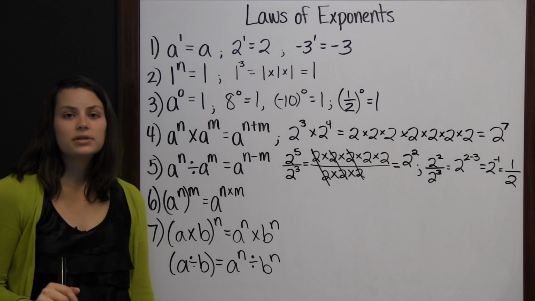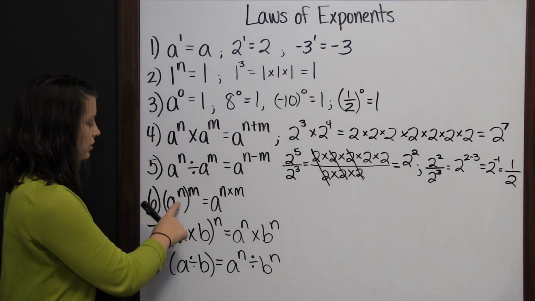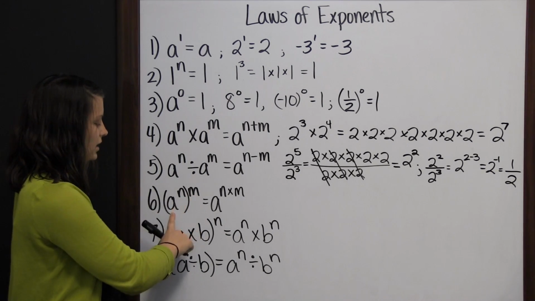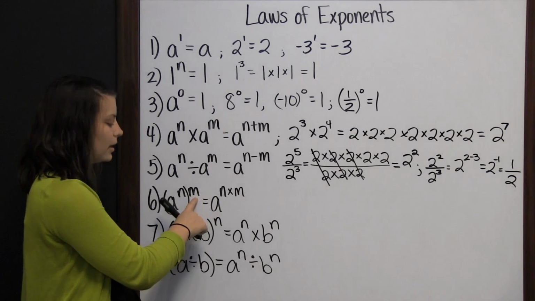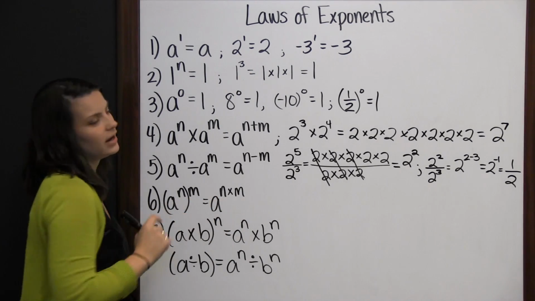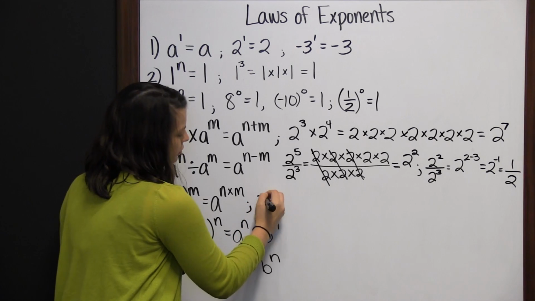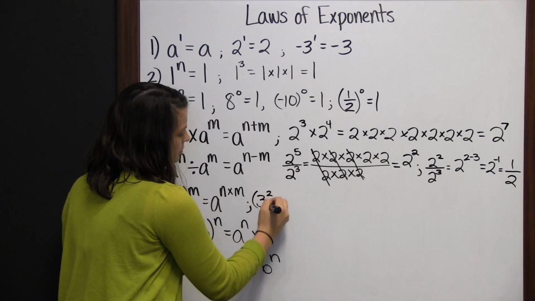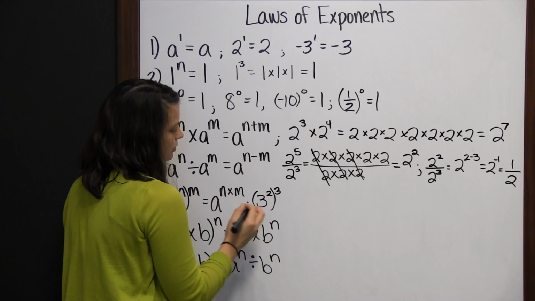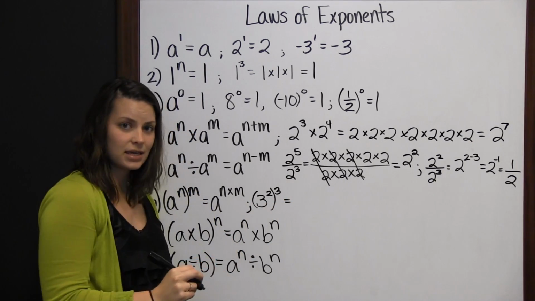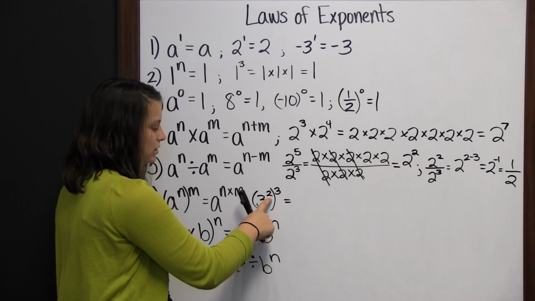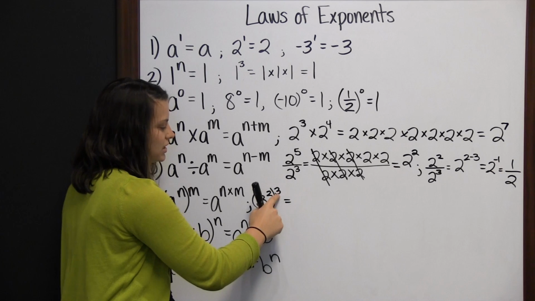The sixth rule says that when you raise a power to a power, like a to the n raised to the m, you multiply your exponents. So for instance, with 3 squared cubed, what that really means is 3 squared times itself 3 times.